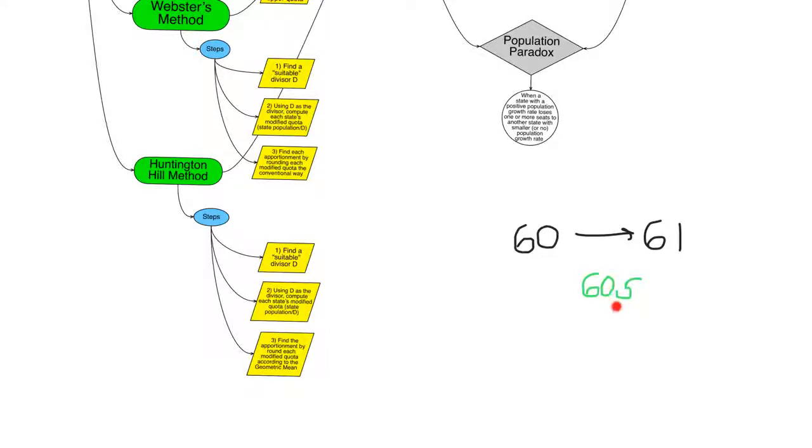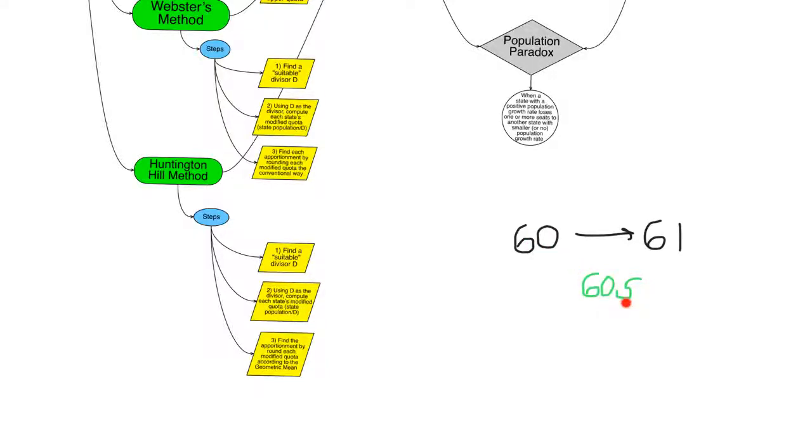And that right there is what we could call the cutoff point, where 60.5 and above would get rounded up to 61. Anything below 60.5, and in between 60, would be rounded down to 60.